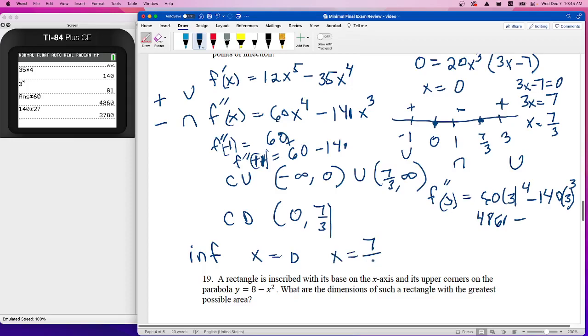We need our inflection points to find our concavity, and we get that all from the second derivative. Find where the second derivative is equal to 0, and then look to the left and look to the right. If we've got a change in concavity, or change in sign, then that means yes, this was an inflection point because concavity is changing on either side. So those are all tied together.